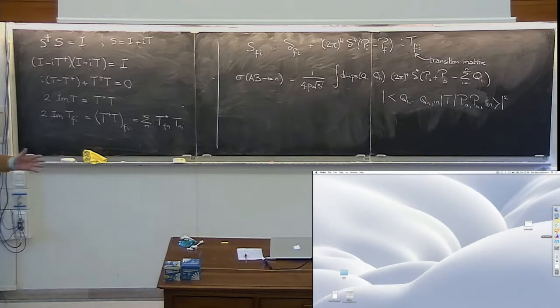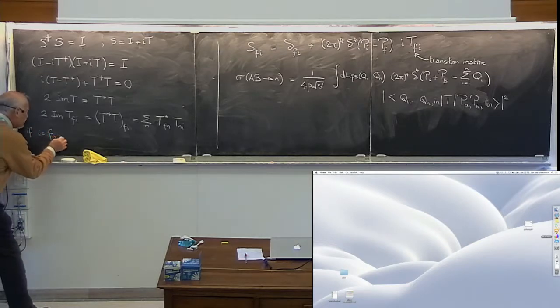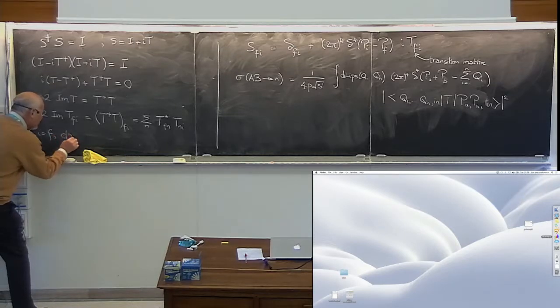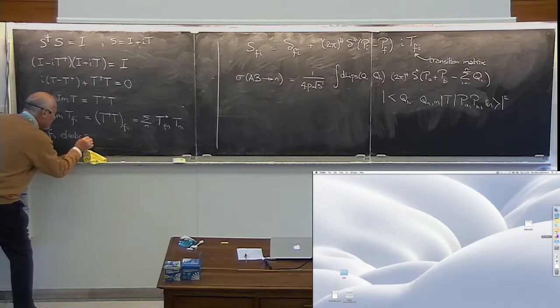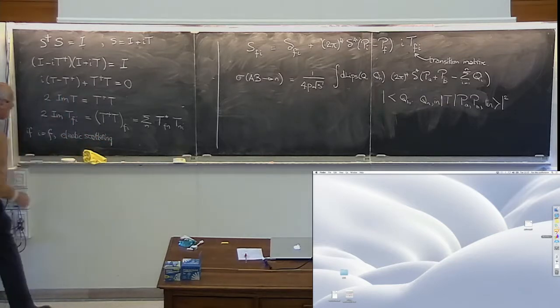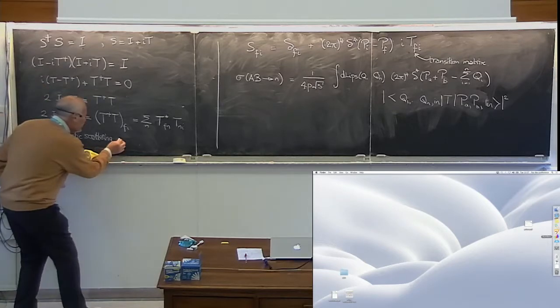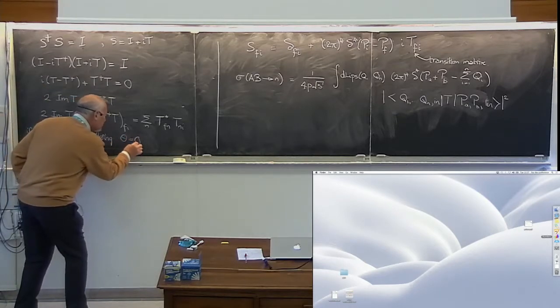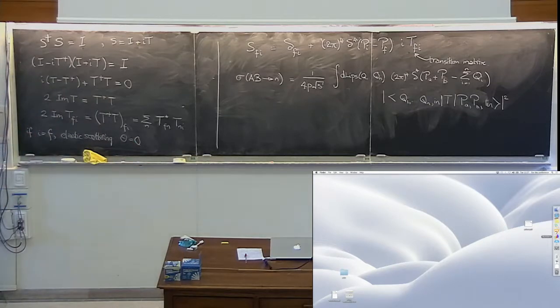Namely, the particles have scattered, but they go off with exactly the same momentum in exactly the same direction as they started with. So if i equals f, which corresponds to what's called elastic scattering, because the particles scatter elastically, the same initially, and i equals f means that the scattering angle is equal to 0, namely they go off in exactly the same angle that they did before, then this tells us something here.